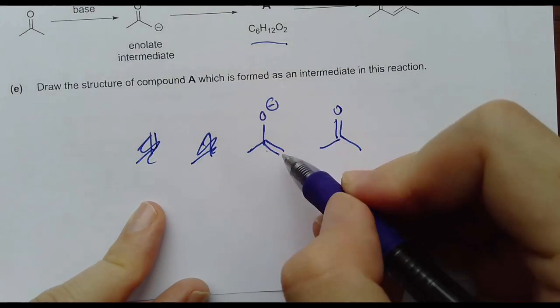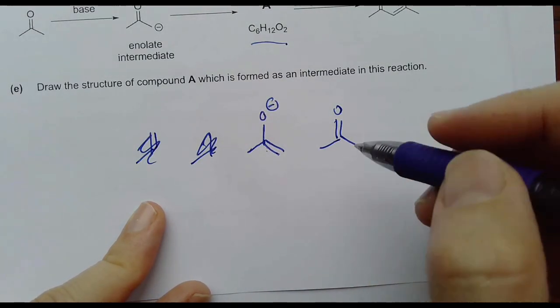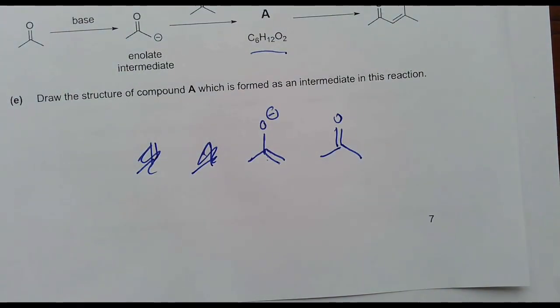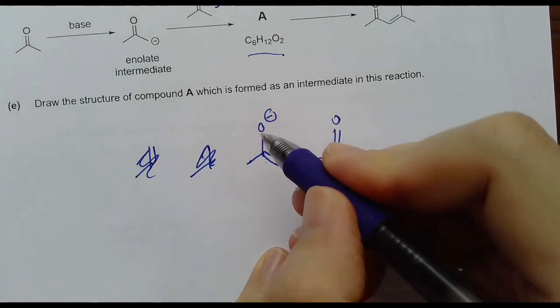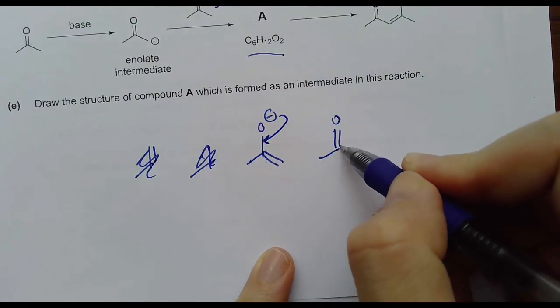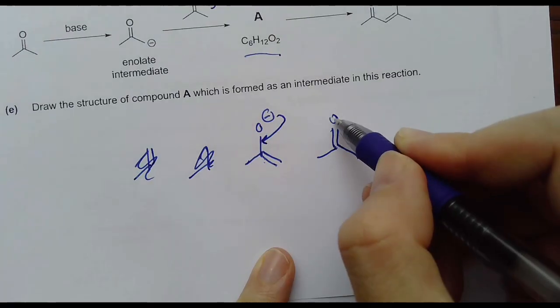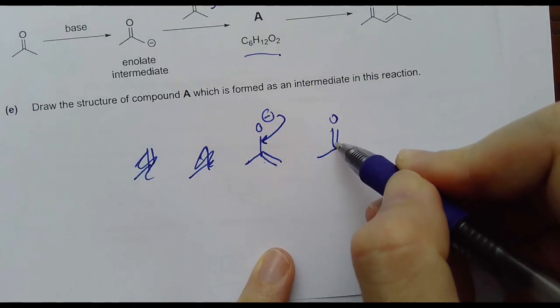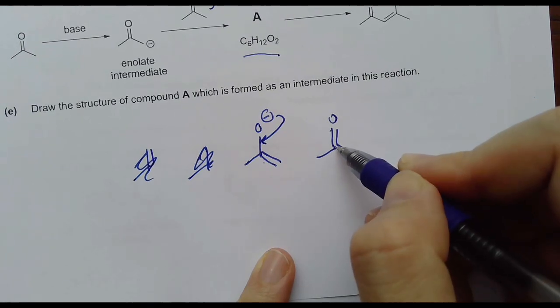So this is the nucleophile, which means that this is the electrophile. Now, the nucleophilic attack will occur at this carbon center here, because it's bonded to the oxygen, which is more electronegative, which means that it's drawing the electrons away from this carbon here.